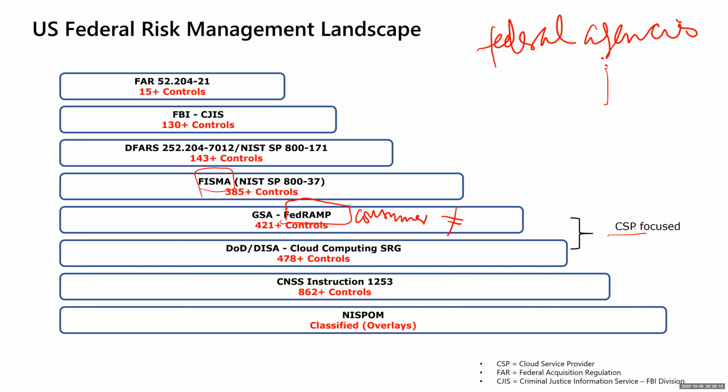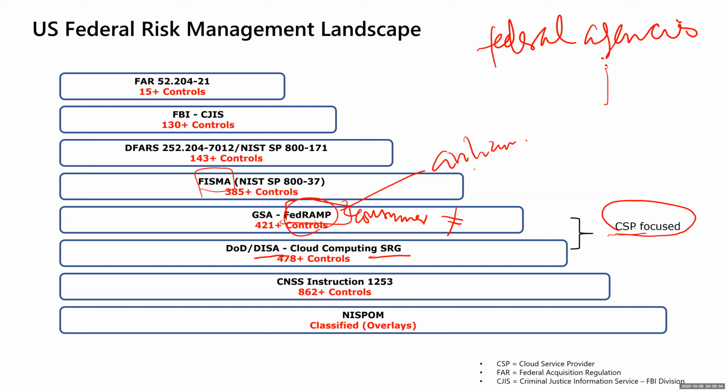Now, FedRAMP is entirely focused on the civilian side, but for the DoD, there is also the Cloud Computing SRG, right? DISA within DoD oversees that. These are not DoD-specific controls, they are for cloud service providers.